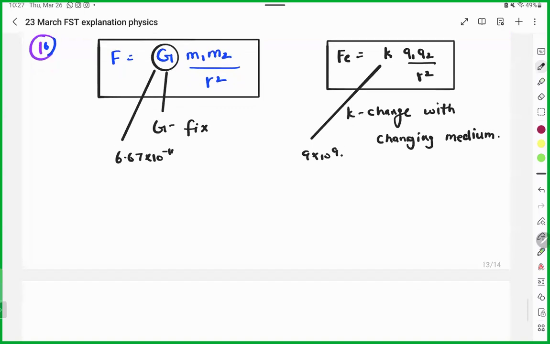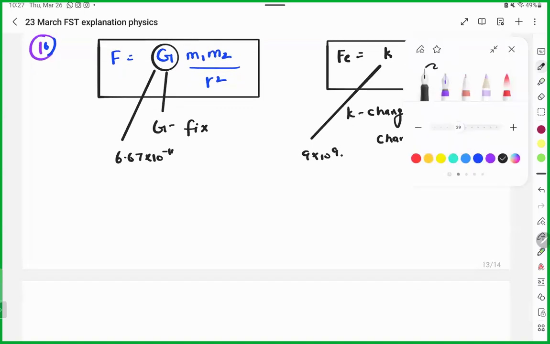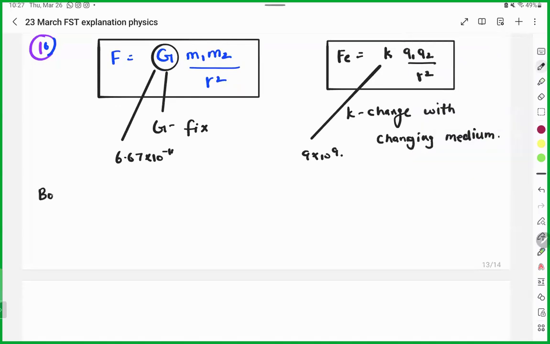Second, we know if some body is placed on the earth and body mass is m, then force is also equal to mg. Correct? Equal to G M m by r square, where M is the mass of earth and r the radius of earth.